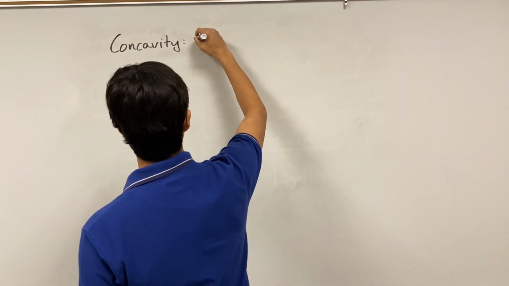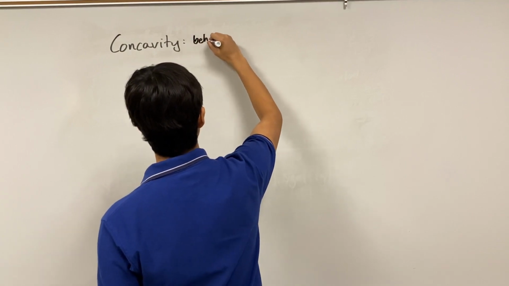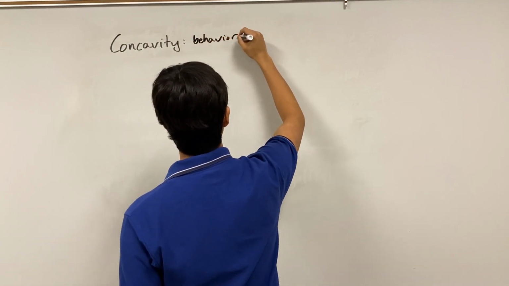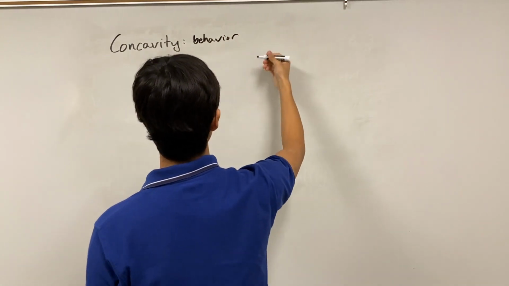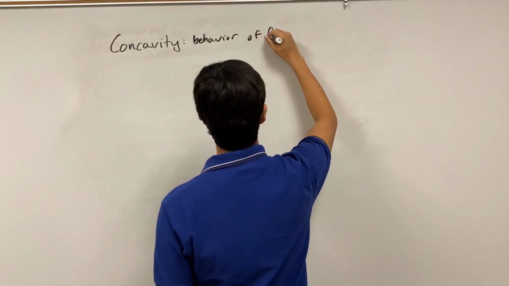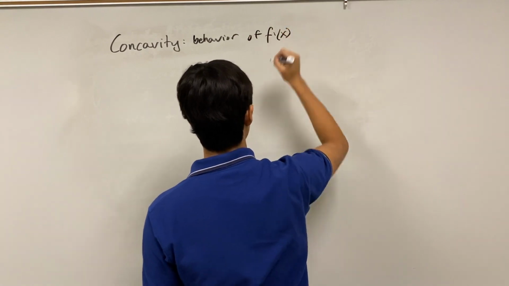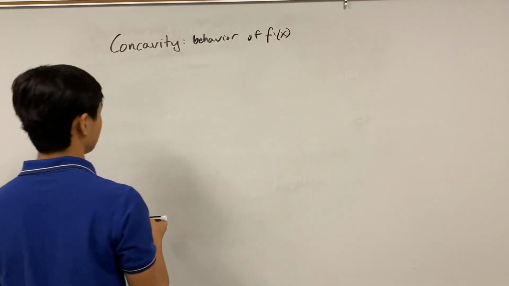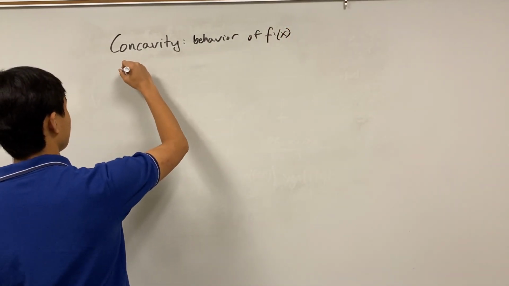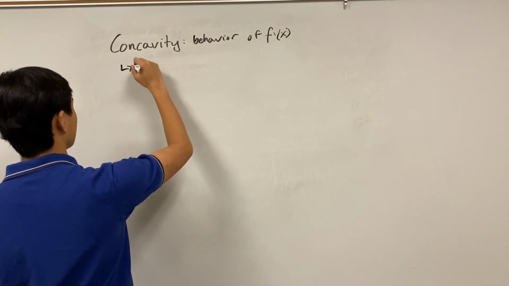Concavity is a behavior. Concavity is determined by the behavior of the first derivative of the function. So there's two kinds of concavity.